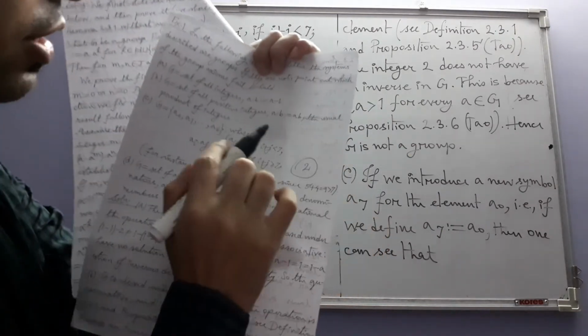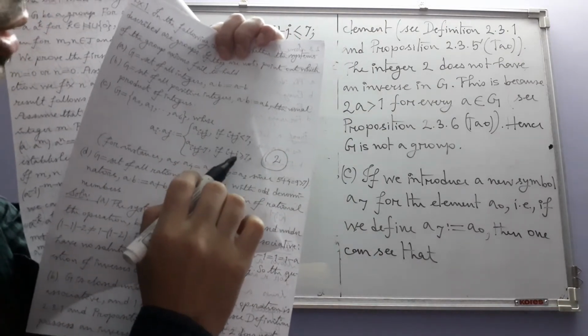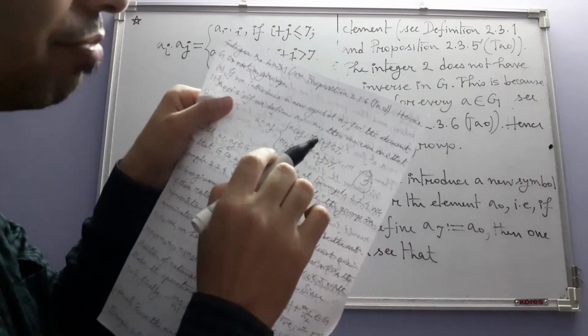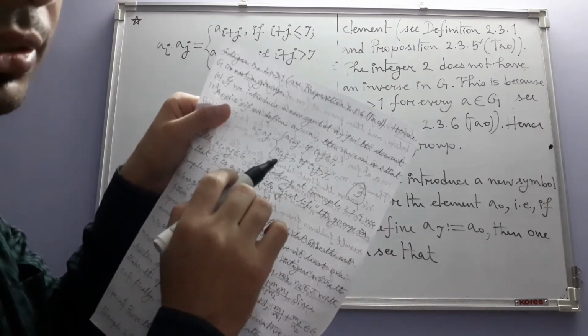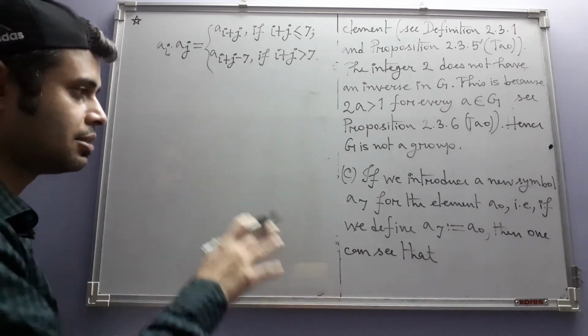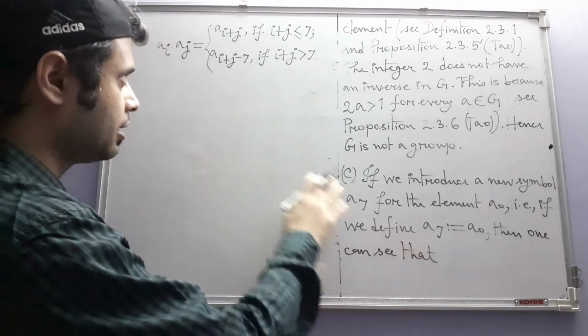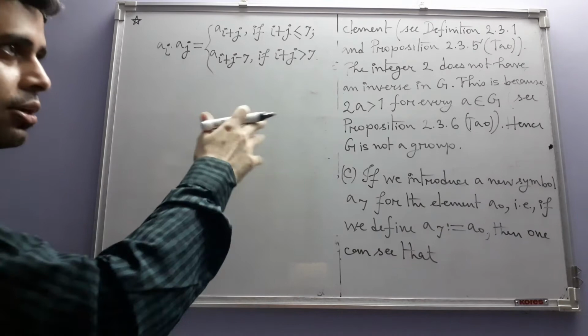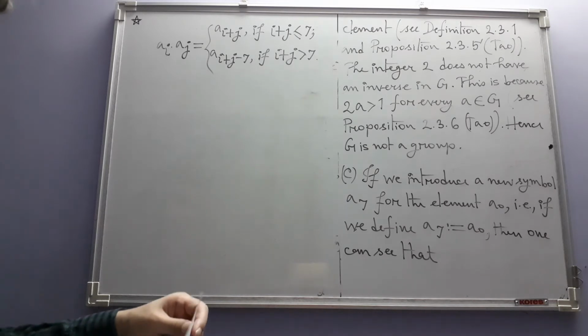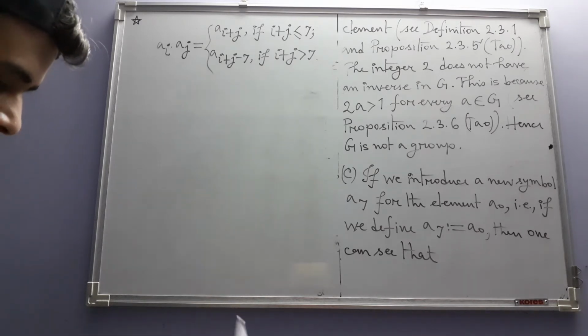We originally had less than 7 and here greater than or equal to 7. We have been able to change it like this. You try to make sense of this, that this is actually true and this can be done. We are not going to write anything else about it.